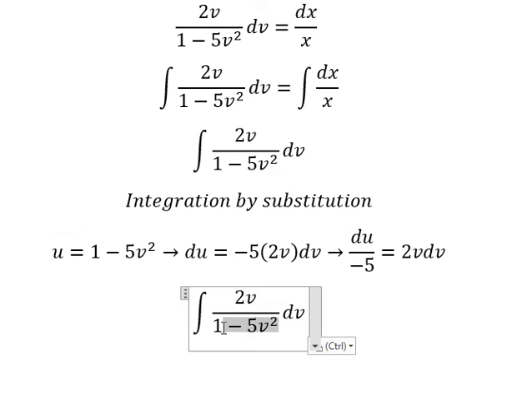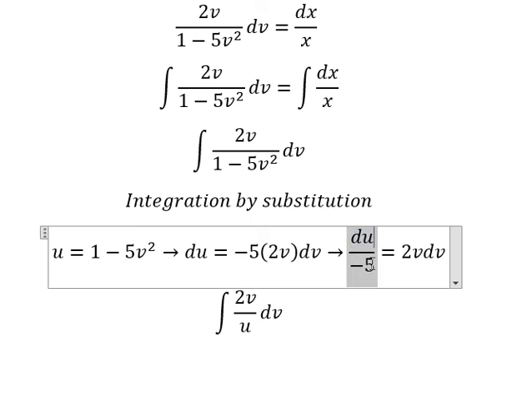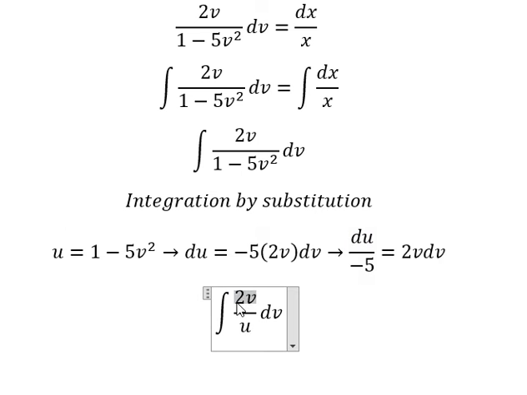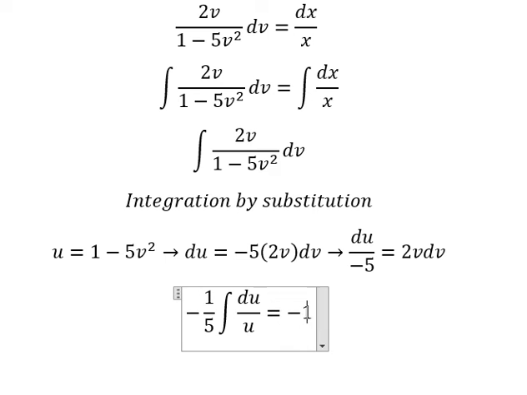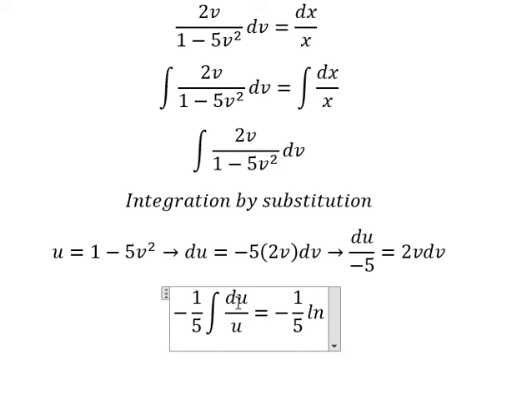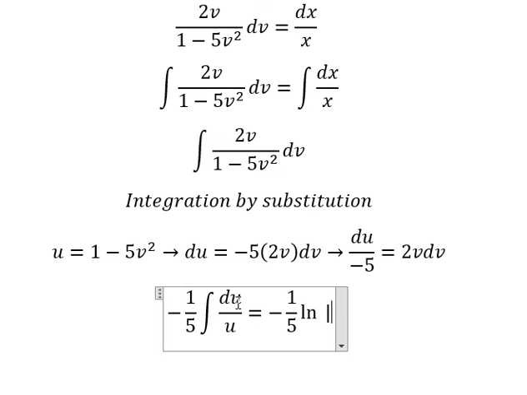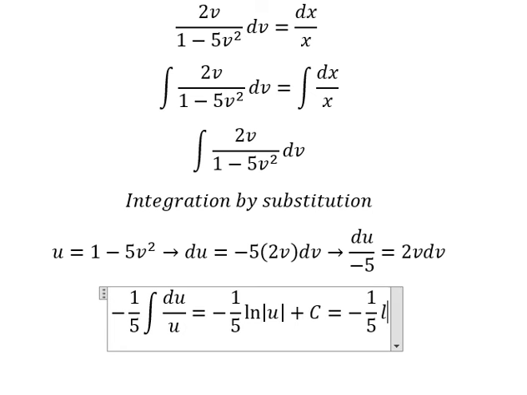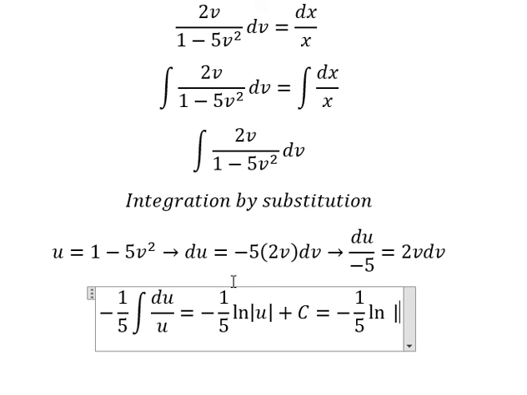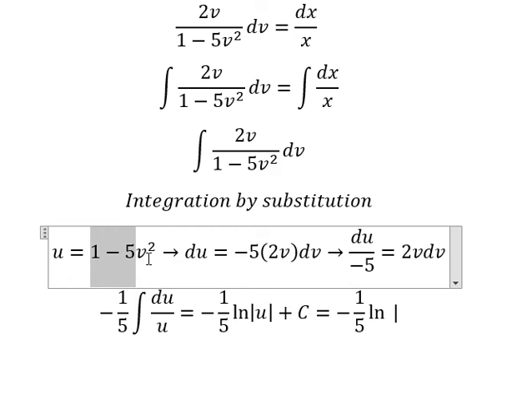This one we change by u. 2v dv we change by this one. The integration of this one, we have ln of the absolute value of u, and I will put c. About u, that is about this one.